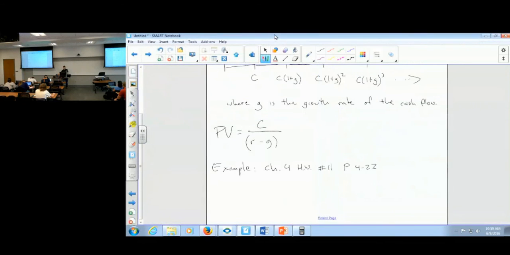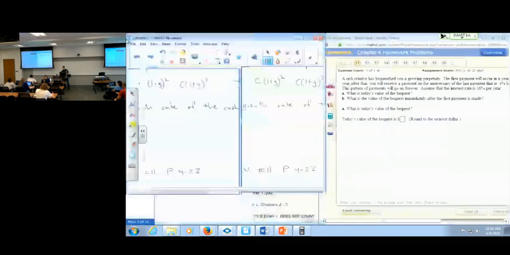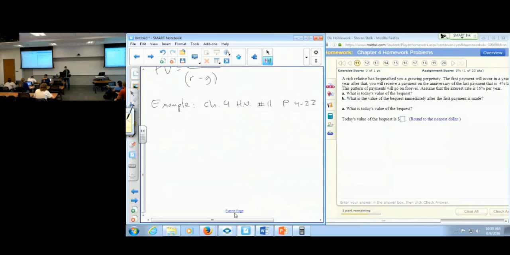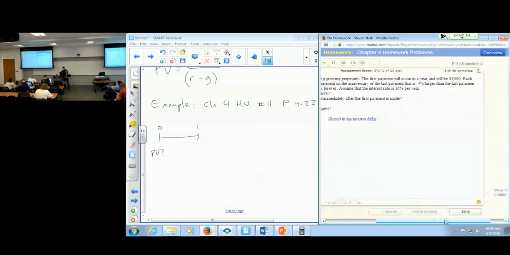So let's map out the numbers as they exist in my problem. I'm going to want to know the present value. The first payment occurs in 1 year, and how much in my problem? $4,000.